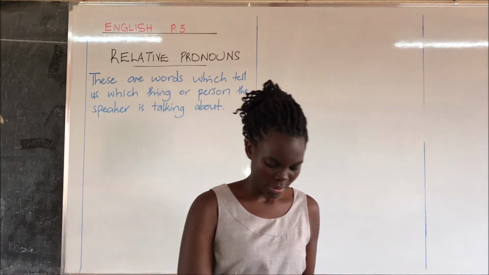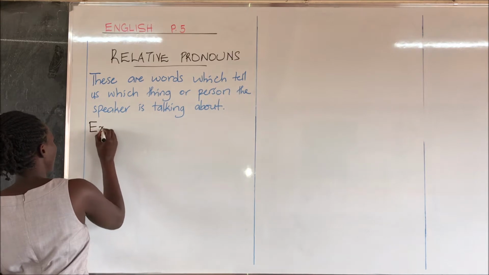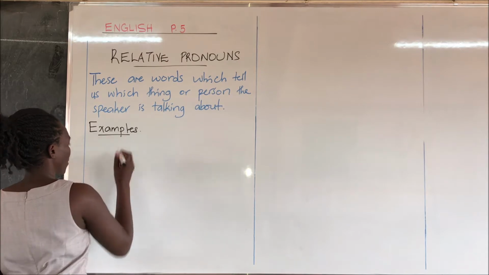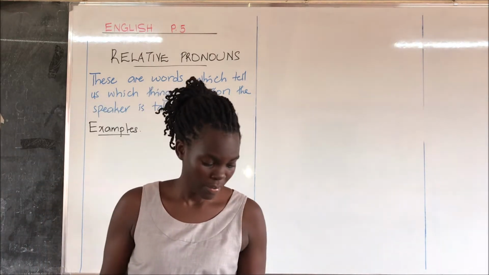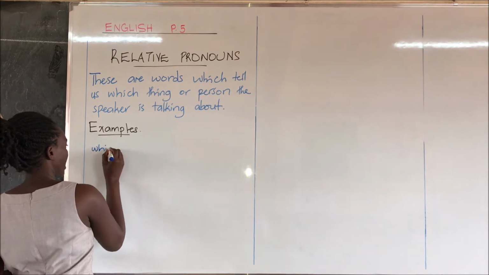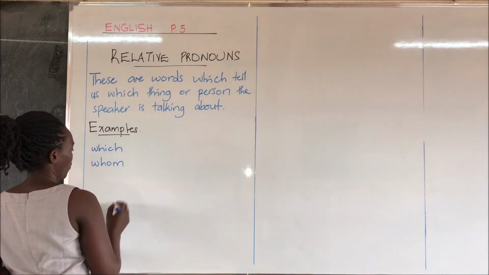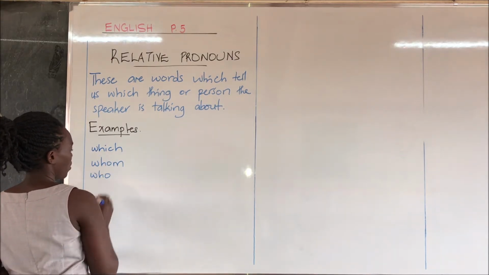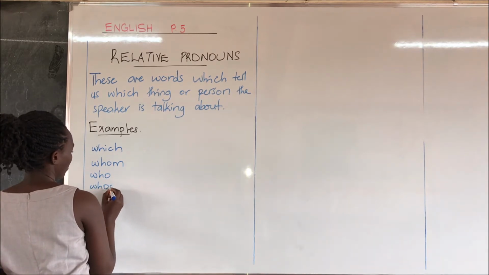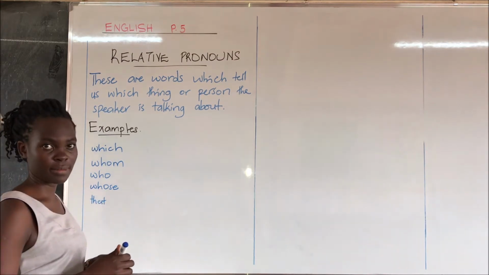So, I can give you some examples of the relative pronouns. We have which, it's a relative pronoun. We have whom, we have who, we have whose, we have that, and others.